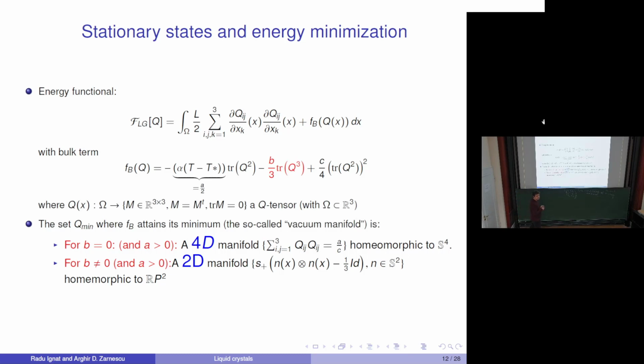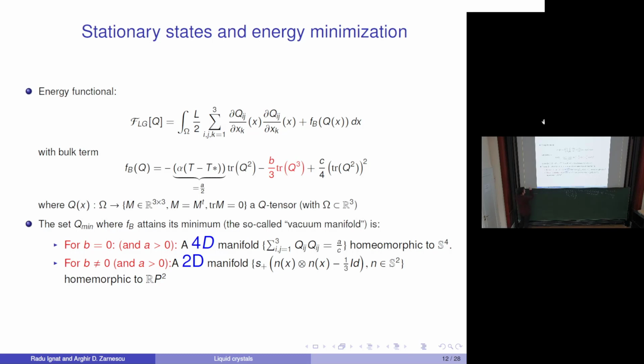This is where this differs from the Oseen-Frank. Because in here, this is really the real projective plane, a set of lines passing through the origin. Okay, so let me do this calculation that says that for b non-zero, the minimizers are uniaxial.